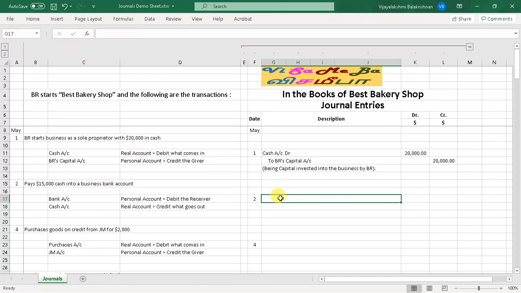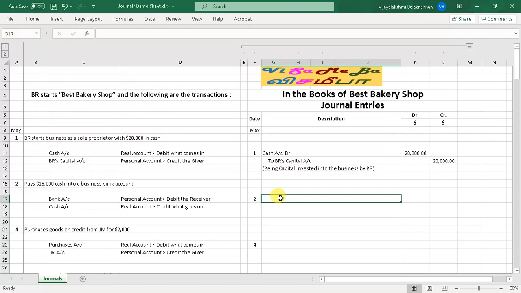Bank is a personal account, so debit the receiver, the bank is receiving the cash. And from the Best Bakery Shop's hand, the cash is going out. When I say you are the accountant of Best Bakery Shop, you should stand in the shoes of Best Bakery Shop and post these entries.